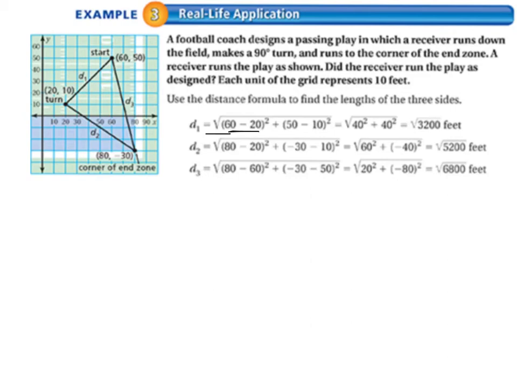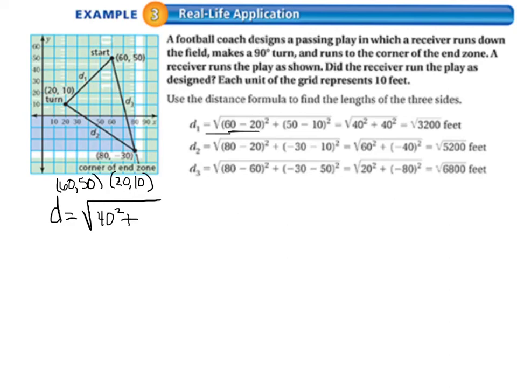So let's subtract right here. We're going to take 60-50 and 20-10. Let's subtract our x values. 60 minus 20, I'm just going to do a shortcut, is 40 squared.